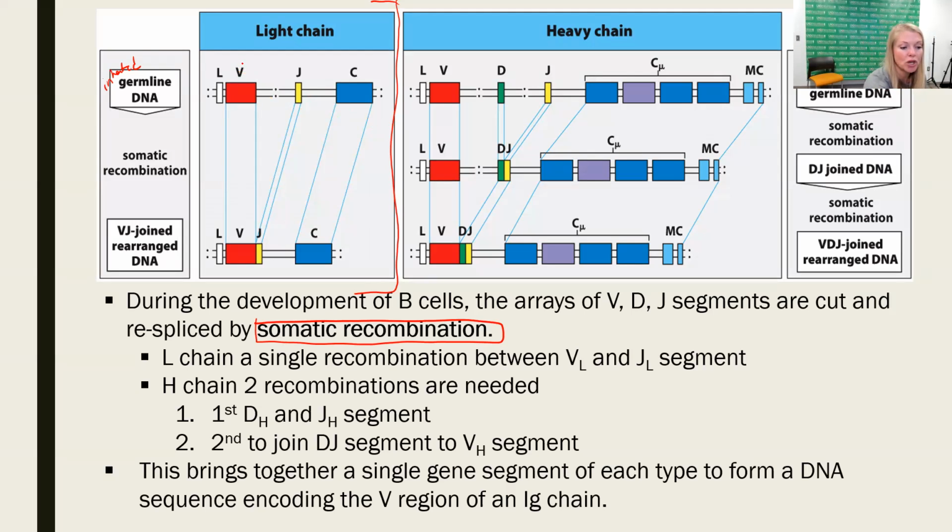Of these segments, we know there's like 60, whatever, or of the variable region, like 40 or so of the different segments that it could be selected from. Joining has a handful of them, constant will have a handful. And then this process of somatic recombination is what will select and move in and select and move in, and then eventually this will be transcribed.